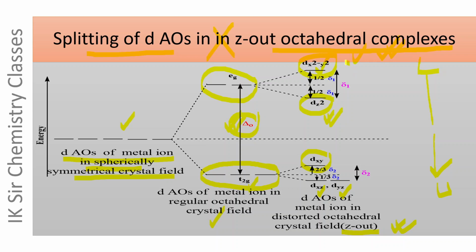This type of splitting takes place due to distortion in regular octahedral geometry with Jahn-Teller out. It is delta O. This energy difference is called delta 1 and this is called delta 2. It is obvious that delta O is much greater than delta 1, and delta 1 is greater than delta 2.